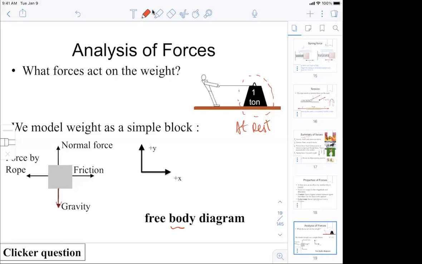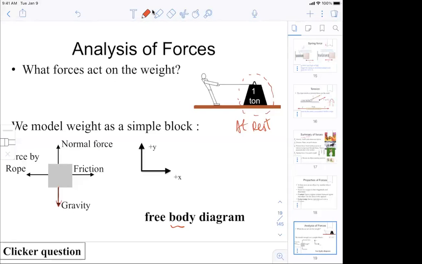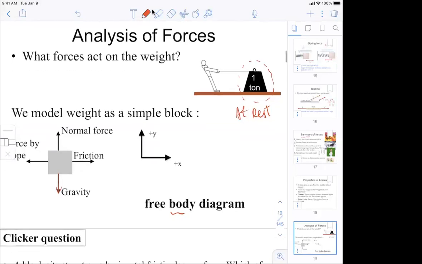So here the object becomes just a square block. You don't have to draw the object so perfectly, just model it as a block. Now, the object is also in contact with the floor, so the floor is going to provide a normal force supporting the object. That's the normal force upward, perpendicular to the surface. The surface is level, so this is going to be perpendicular upward.